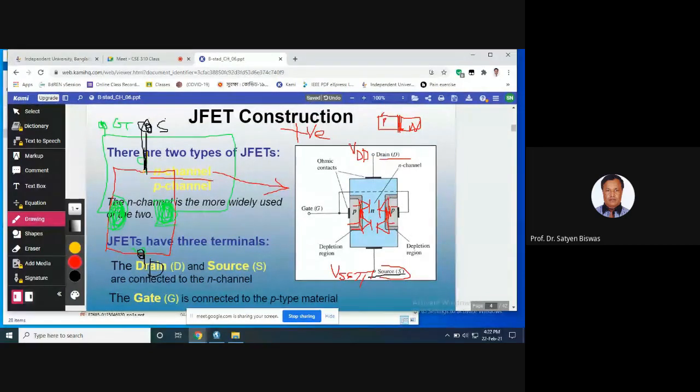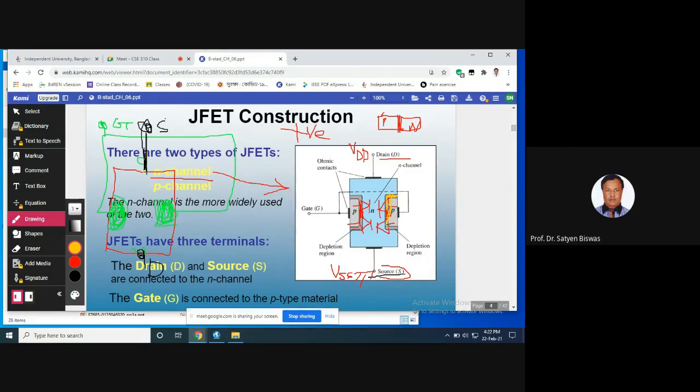So now the same thing here, you see this area shaded. Let's say I am putting a yellow. This is a depletion area, right?